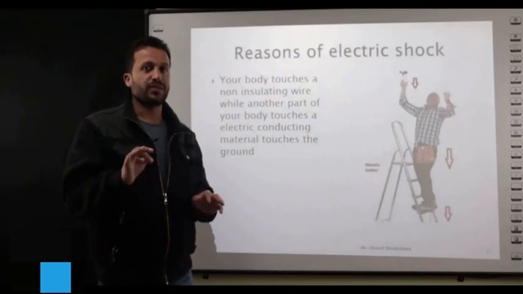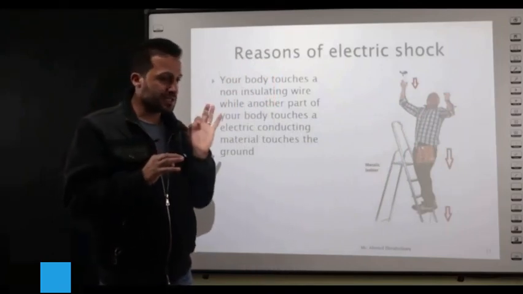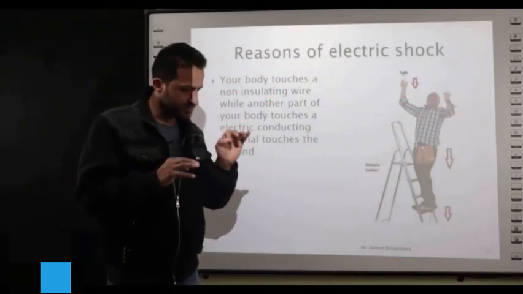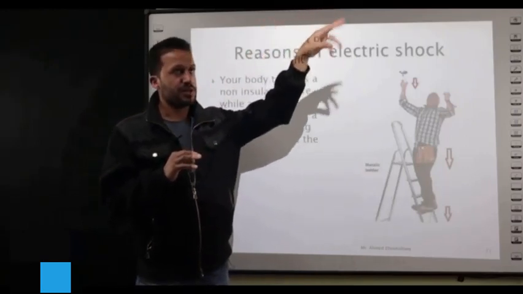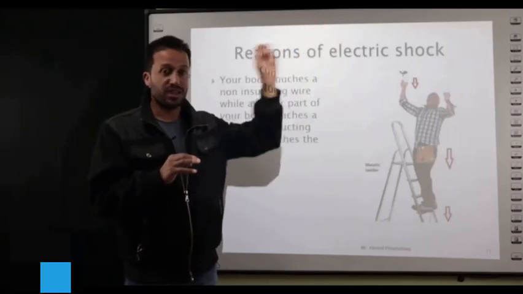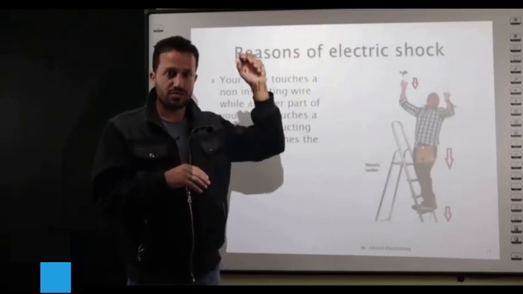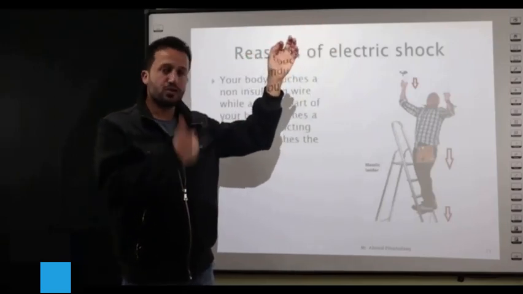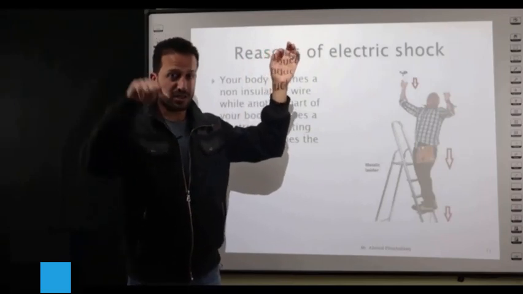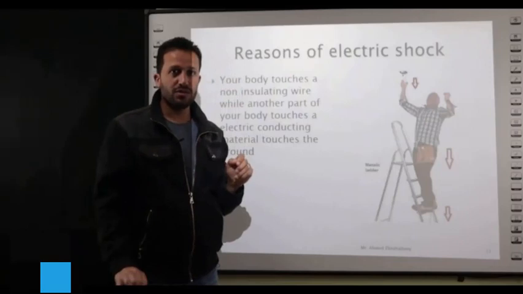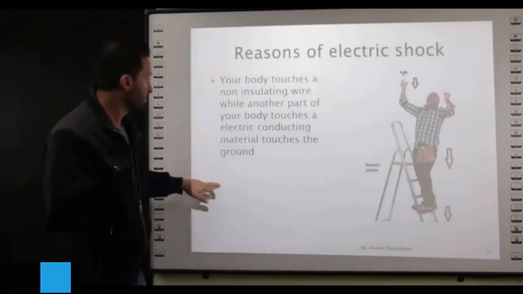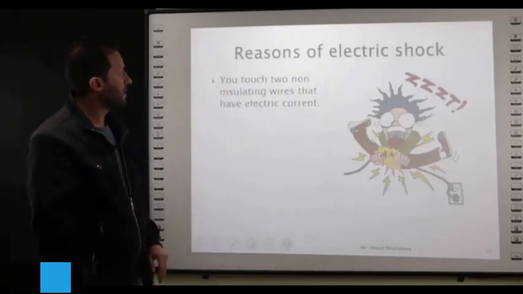So again, to have electric shock, the electric energy must pass from the electric source, like electric wires, to your body, to the ground. If the electric energy is not passing to the ground, there is no electric shock.